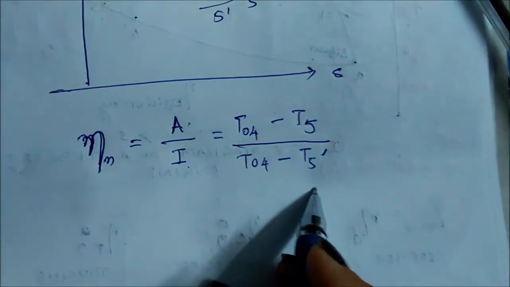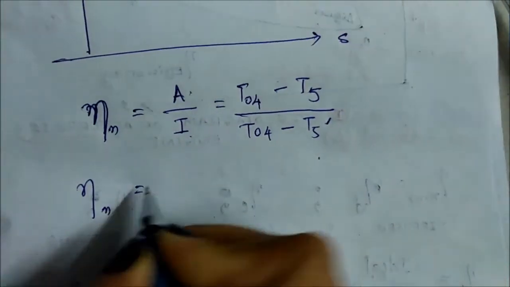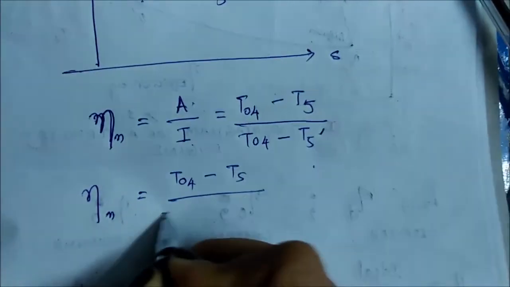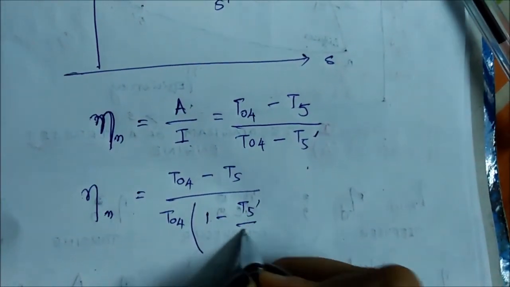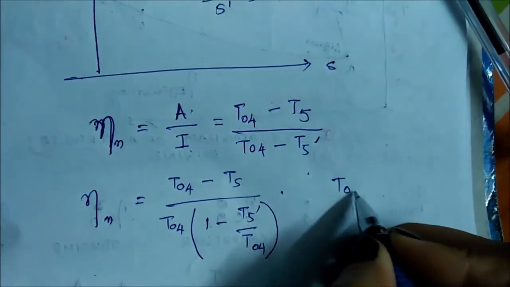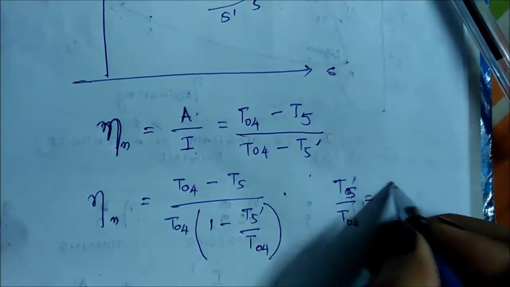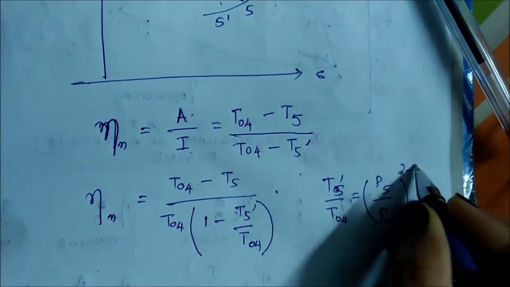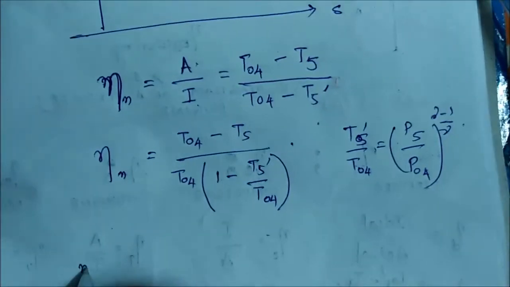Right? Okay. Now what are we going to do? Same as the other one, we are going to take T04 outside. So 1 minus T5 dash by T04. Okay, now what is T5 dash by T04? It is P5 by P04 to the power gamma minus 1 by gamma. Now this value we are going to substitute over here.